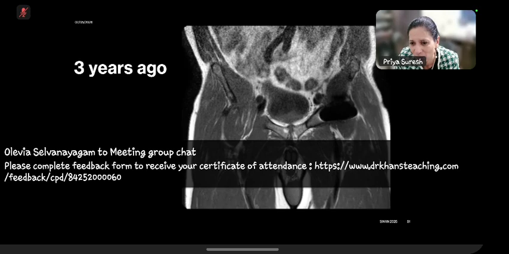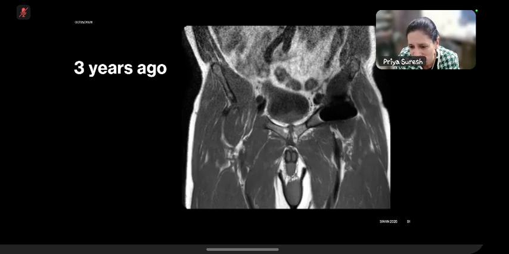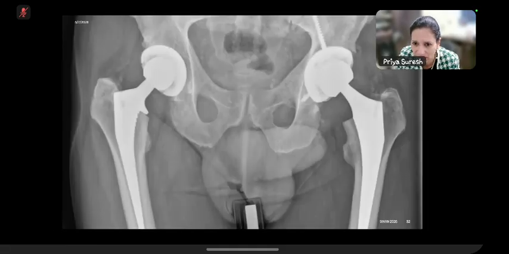Okay, so please look out for these changes. These have to be done with the MARS sequence, but in that also I think you can look for the T1 and look for these changes. So that has become complete destruction of the whole of the component. So this is the same patient 3 years ago.